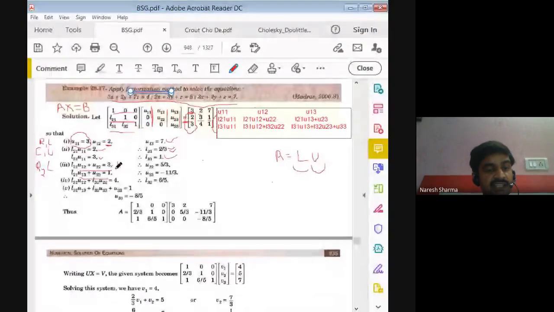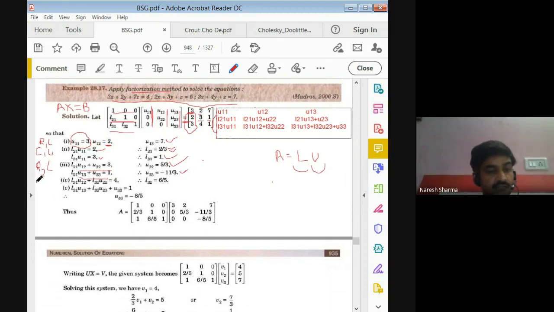After taking the LCM it is 9 minus 4, that is 5 by 3. Similarly, you can put L21, that is 2 by 3, and U13, which is 7. If you multiply, that is 14 by 3, so 1 minus 14 by 3 is minus 11 by 3.